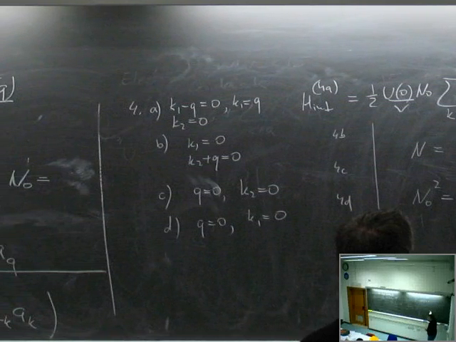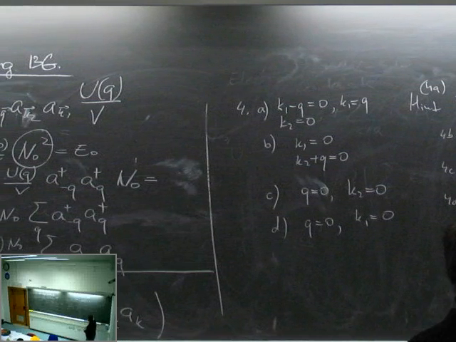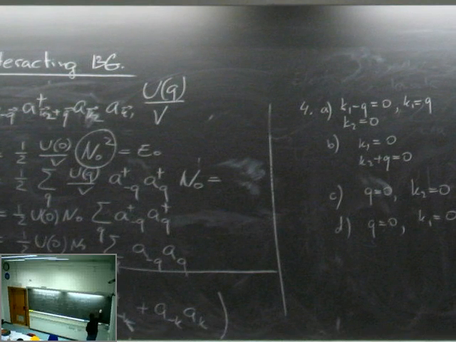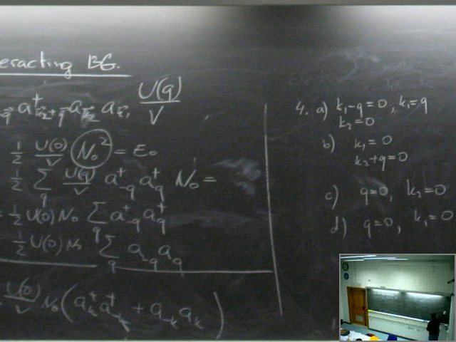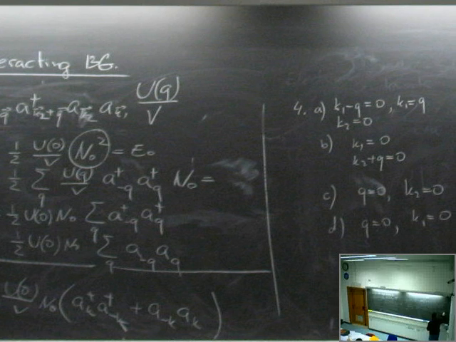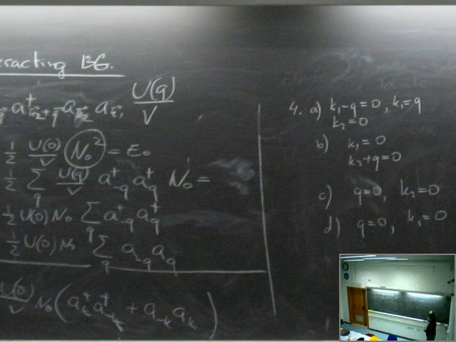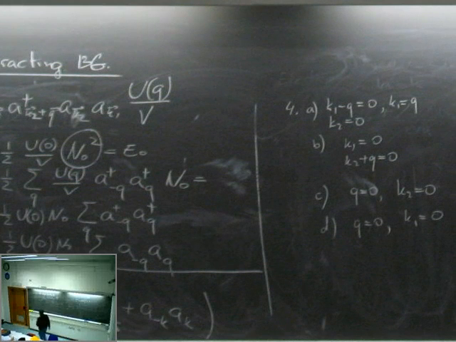This is n prime, and since I'm interested in the situation where n prime is much smaller than n, I should write it as n squared minus 2 times n times the sum over k not equal to 0 of a†_k a_k. So I ignore the n prime squared term.